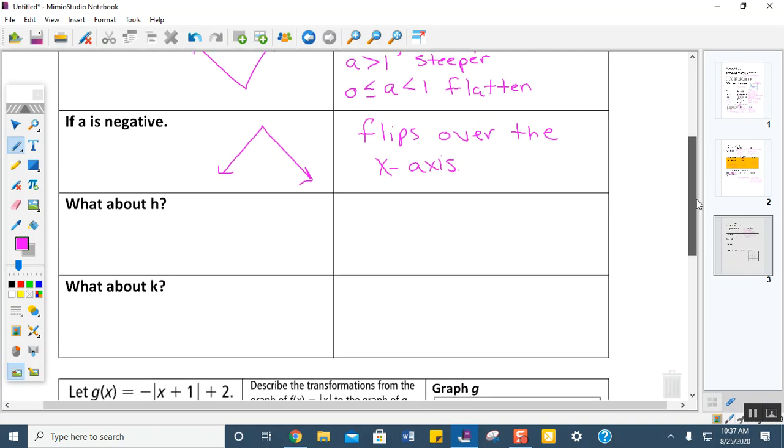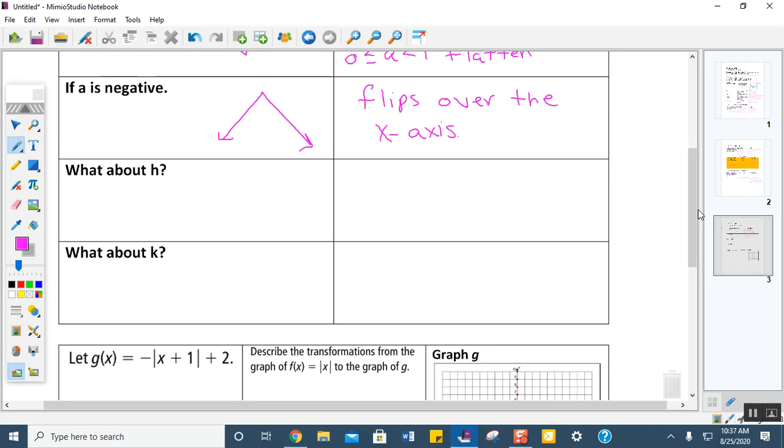What about the h? h is simply going to move it left or right. Okay? If you have something in here like minus h, then you're going to move right h units. And if inside of there it says plus h, you're going to move left h units.